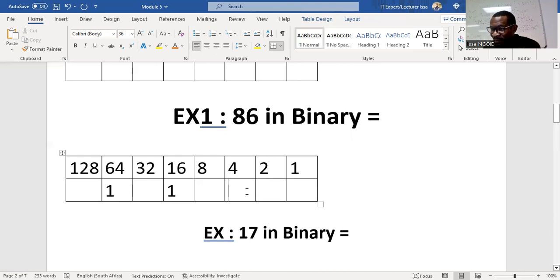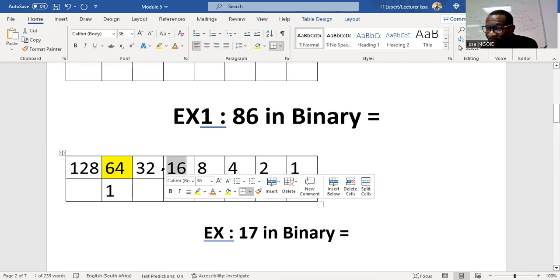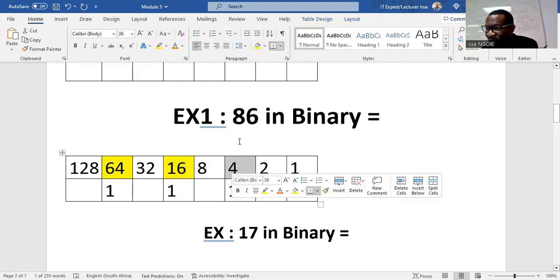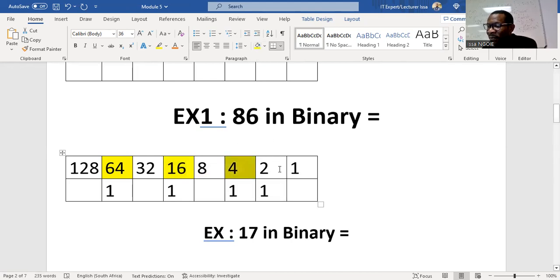So I have again to add 4. 84. And I'm going to add what? 2. Right? So for me to get that 86, I have to do 64 plus 16 plus 4 plus 2, right? That's going to be 86.